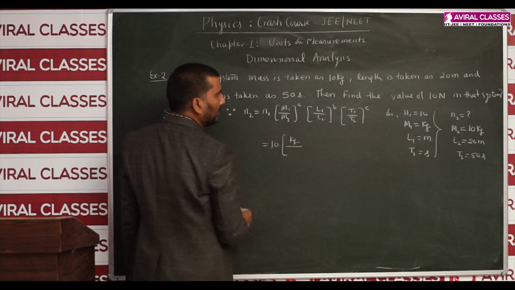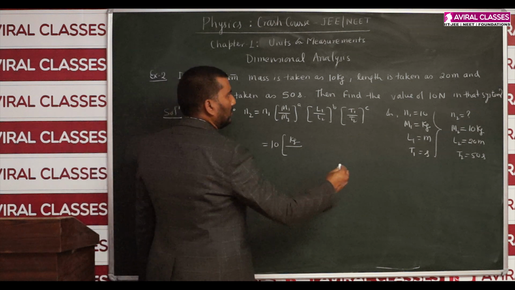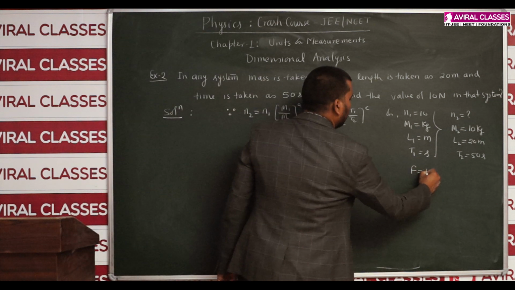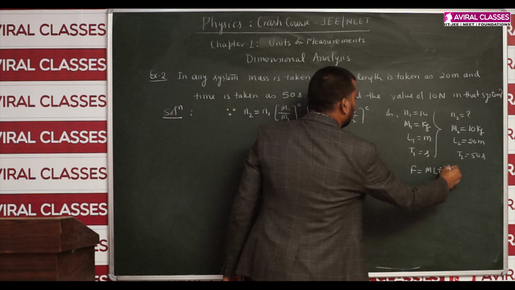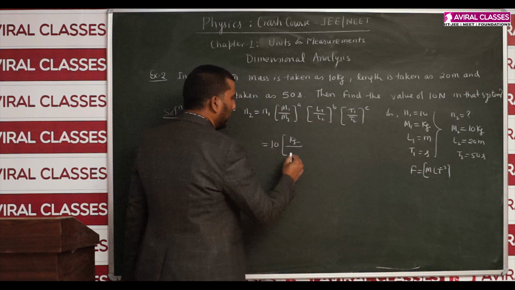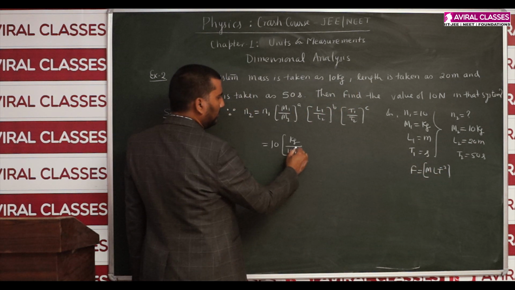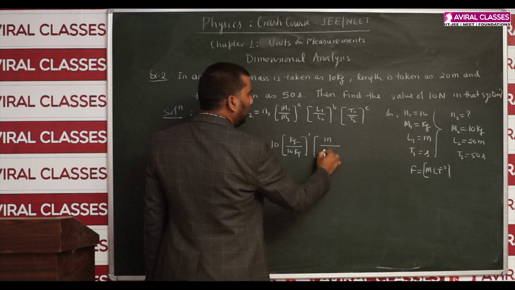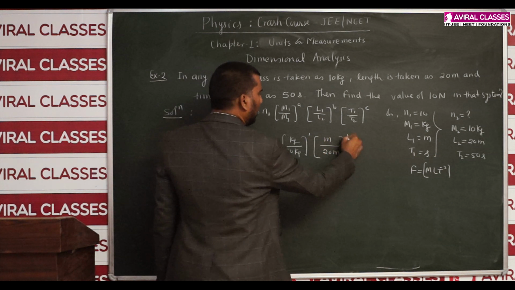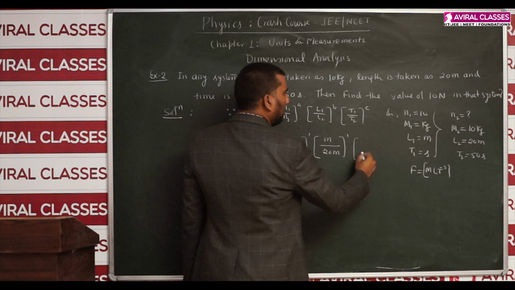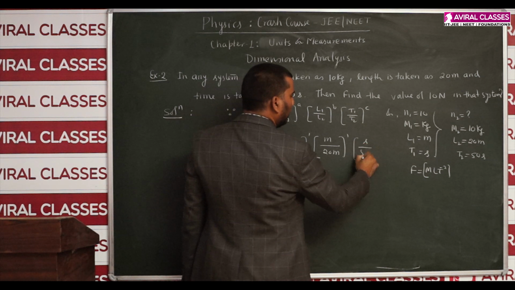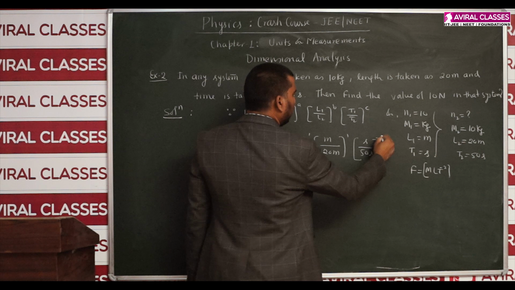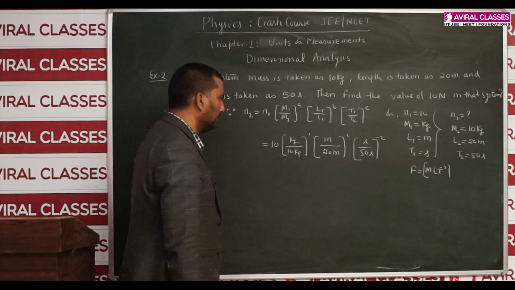Yeah, we must know the dimensional formula of force. It is this. Kg upon 10 kg, power 1. Meter upon 20 meter, power 1. Second upon 50 second, power minus 2.